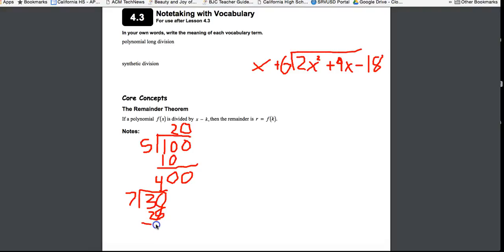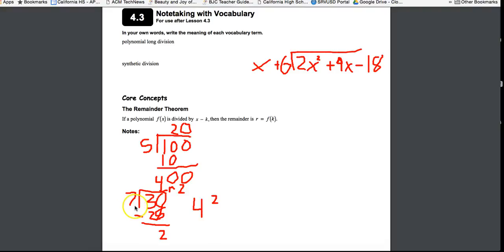So now we subtract 28 from 30, and we get 2. Since there's nothing else to divide, and it didn't end up with a 0 like we did here, we get a remainder of 2. Now, when you have a remainder, what that means is you take 4, the number of times 7 goes into 30, and you write the remainder as a fraction over the divisor.